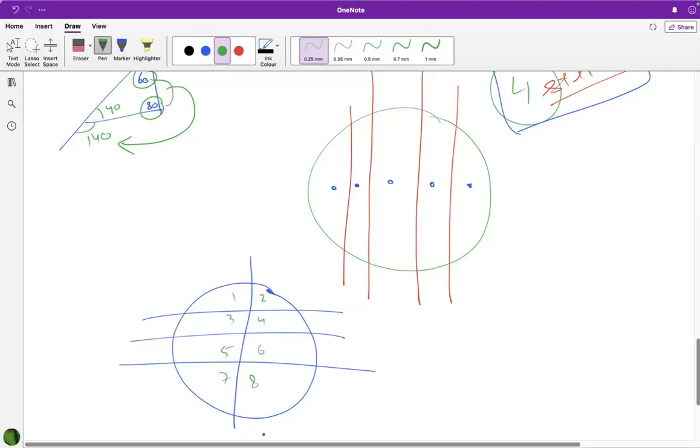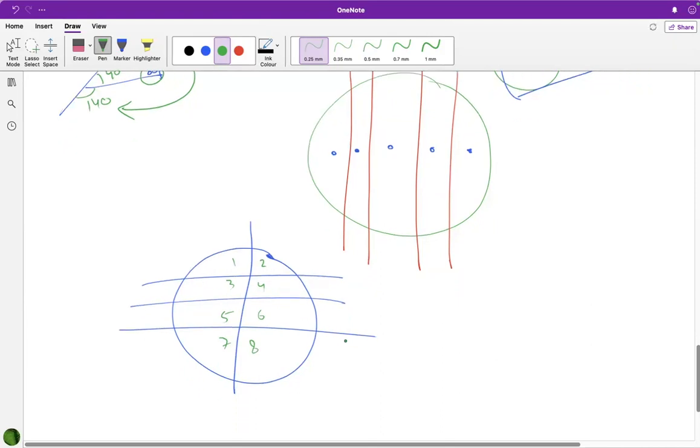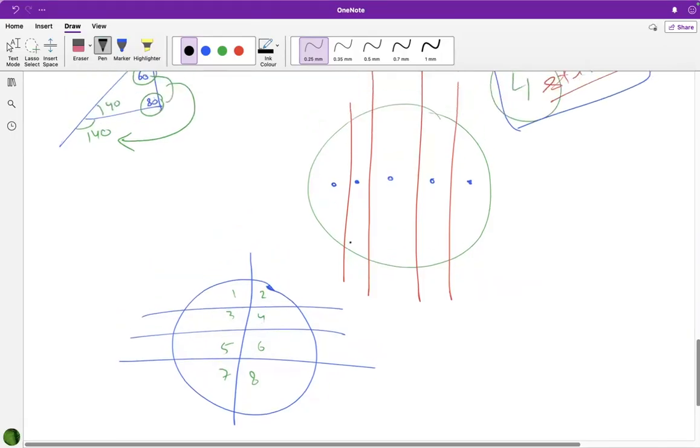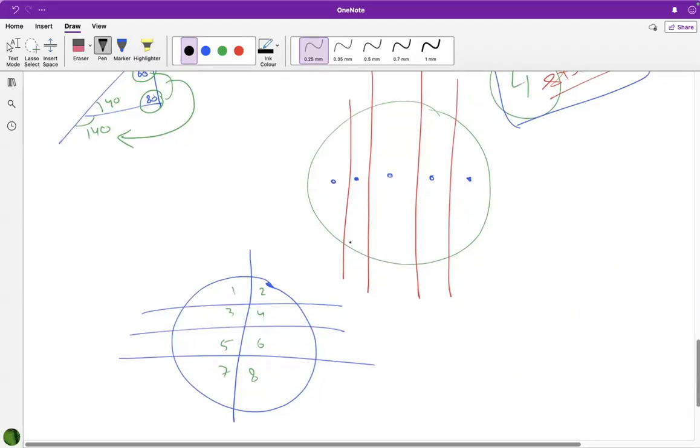It is more than 8. And the size does not matter. The slice size is irrelevant. We just need to have maximum parts. 12. We'll get 11 maximum parts.